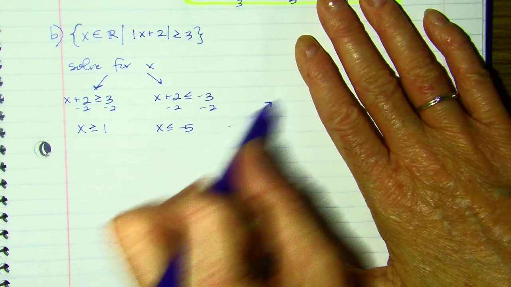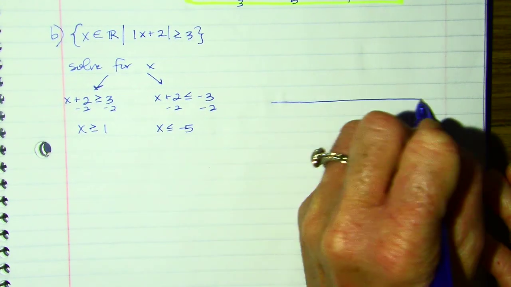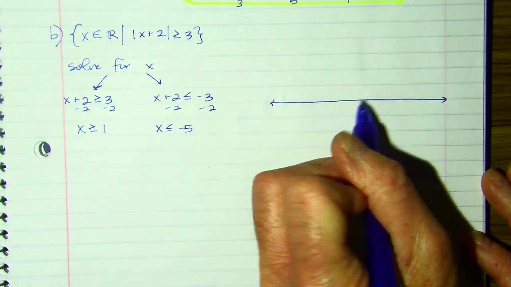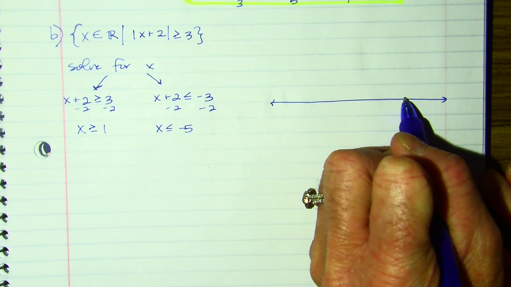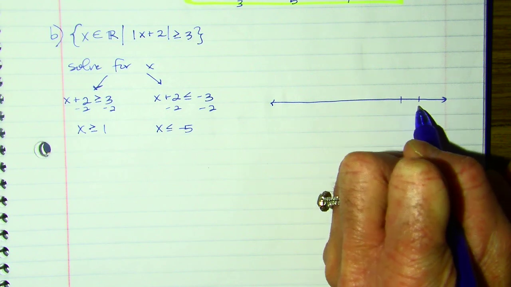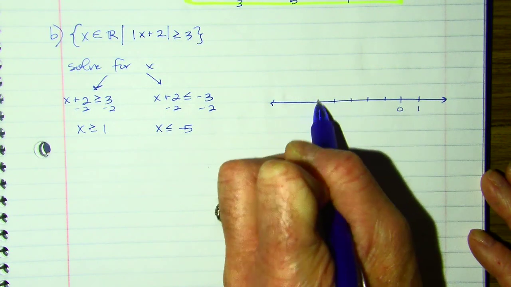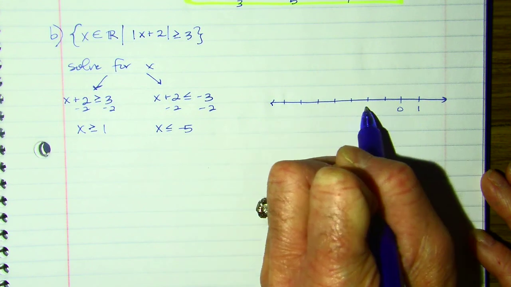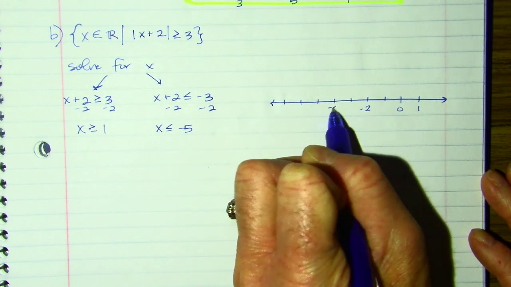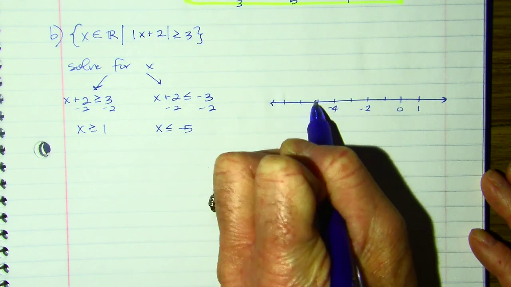So my graph, my number line, I'm not going to use more arrows. I'll just draw my graph. All right, I need to leave room for both. So let's say I put 0 here, so this would be 1, 2, 3, 4, 5, 6, 7. So -2, that would be -5. So I've got a closed dot here.